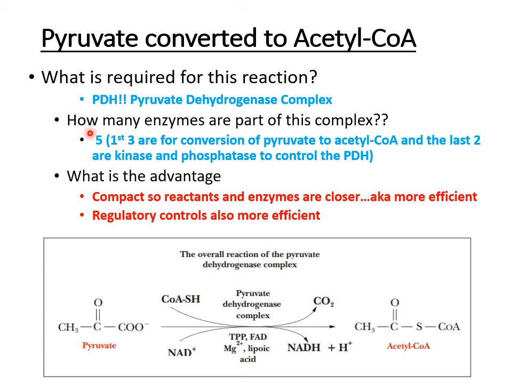The reason why I list them out is so that even though you don't have to know them or recognize those particular ones, I want you to be aware that out of the 5, 3 are for the actual conversion that you're seeing here of pyruvate to acetyl-CoA. But those last 2 that I mentioned, the kinase and the phosphatase, are actually responsible for regulating and controlling the pyruvate dehydrogenase itself, because remember, that was the very first enzyme out of the 5 that we did mention.